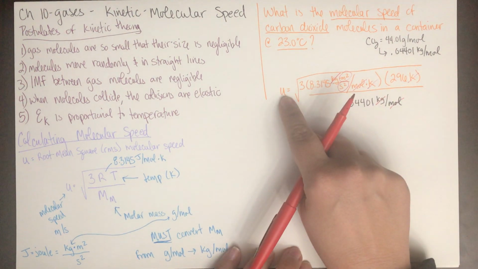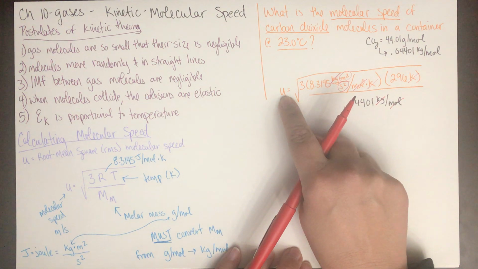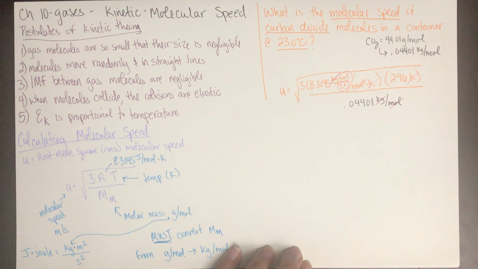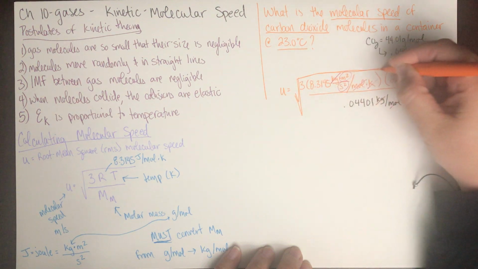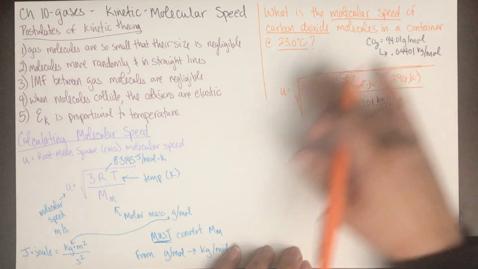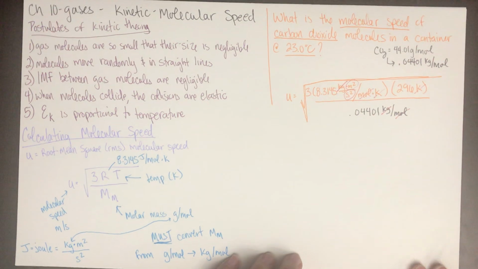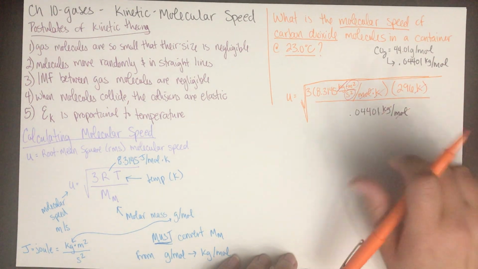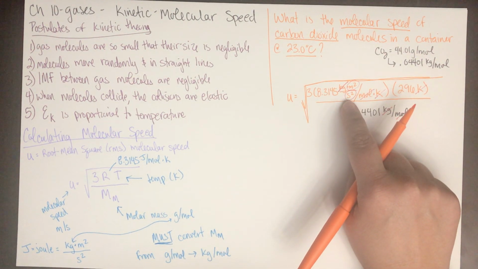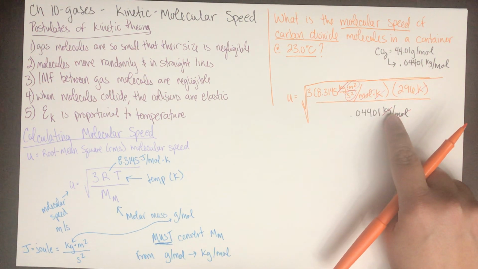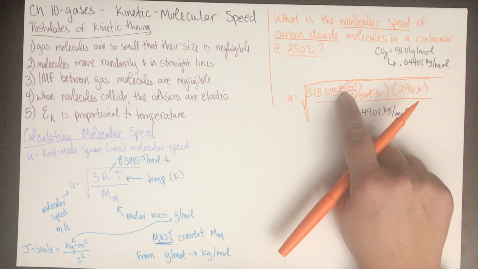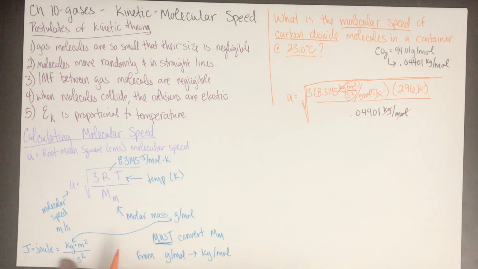So it's going to be meters per second, which is a unit for speed. This is the square root of this whole thing, not just the top part. It's the square root of all of it. So this is how the units work. I write all of this out just because a lot of people will forget to convert the molar mass to kilograms per mole. The reason you have to convert it to kilograms per mole is because a joule is a kilogram times a meter squared over a second squared.